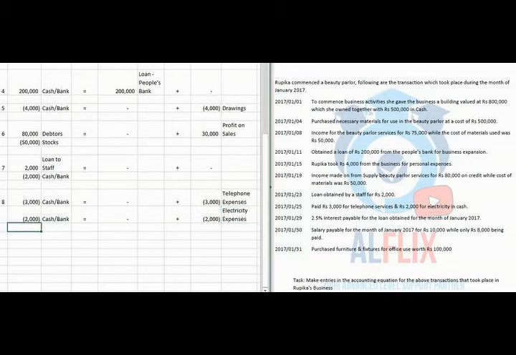Transaction number 9. 29th January 2017, 2.5% interest payable for the loan obtained for the month of January 2017. Here, interest payable on the loan obtained by the beauty parlor should be accounted as a payable since the interest is not yet paid for the month of January 2017.